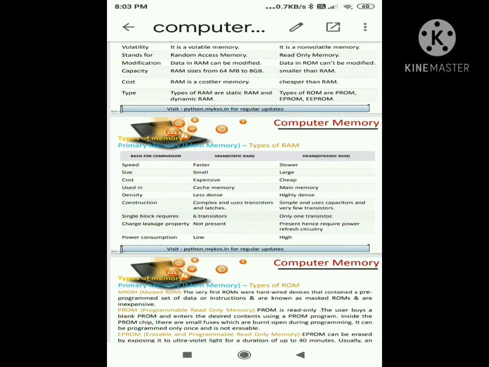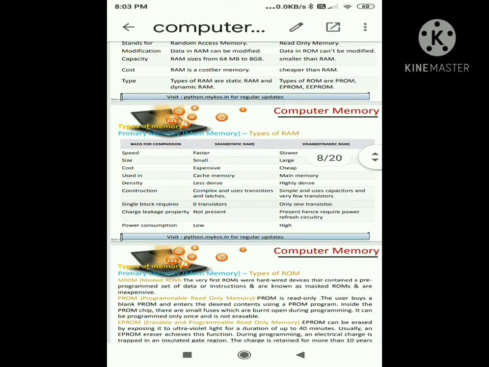Static RAM consists of six transistors, whereas dynamic RAM contains only one transistor. The next basis is charge leakage property. In static RAM it is not present, whereas in dynamic RAM it is present, hence it requires power refresh circuitry.